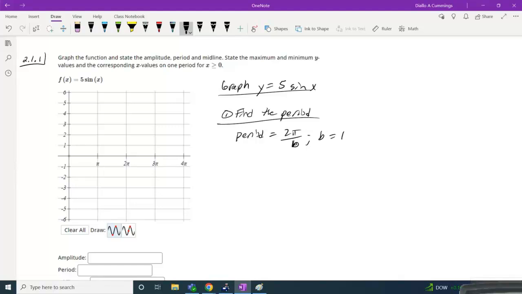The period has a formula: it's 2 pi over b. If we take a look at our function, remember that b is the coefficient of x. So b is an understood 1. Therefore our period is 2 pi.